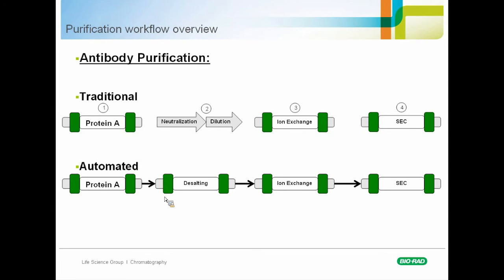And again, with multiple column switching valves, you then have high capabilities of throughput for the number of columns that you can use and the number of sample loops that can be used in the intermediary steps.